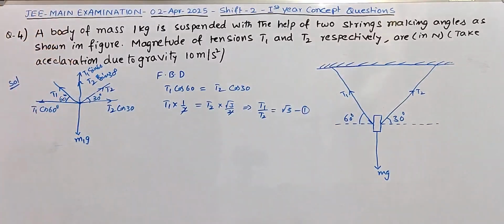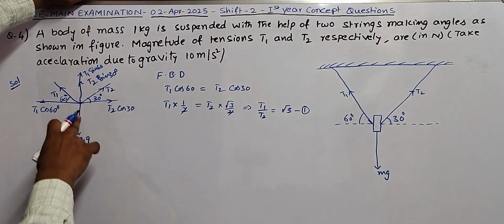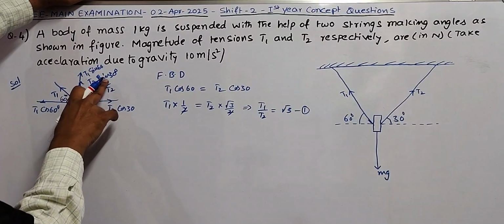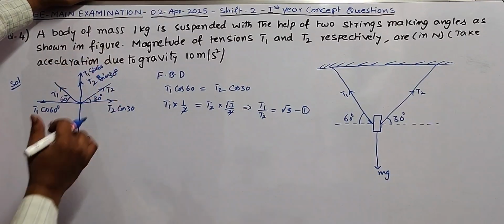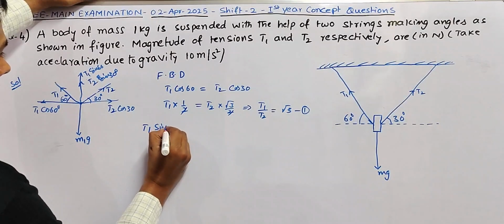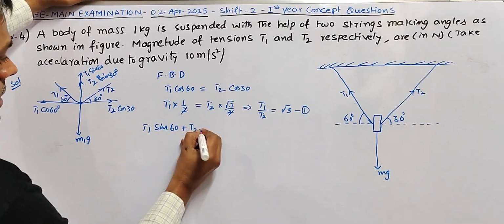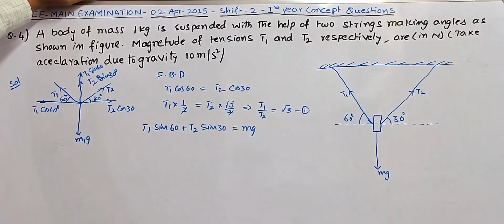This is equation 1. Now compare vertical forces. T1 sin 60 and T2 sin 30 are both acting upward, and the weight is acting downward. So the upward force balances the downward force. That means T1 sin 60 plus T2 sin 30 is equal to mg.